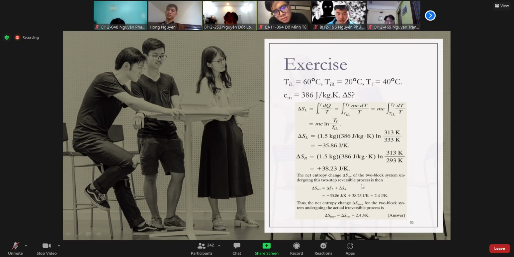I actually do understand, but what I ask is that we have two equations to calculate the delta S, the shorter one and the longer one. So when will we use the first one or the second one? It's up to you, and it depends on the hypothesis that you have.